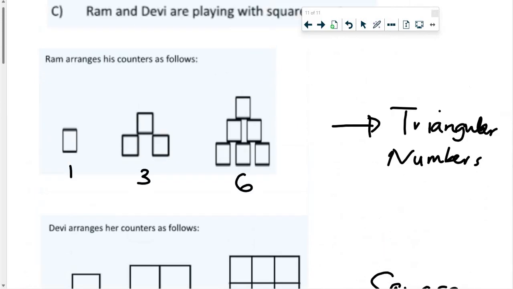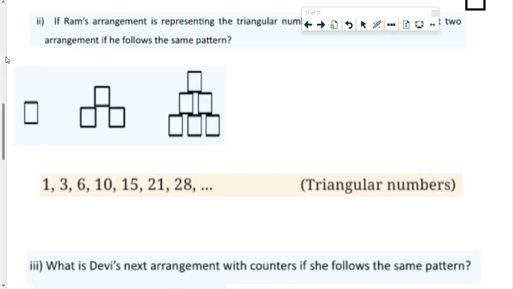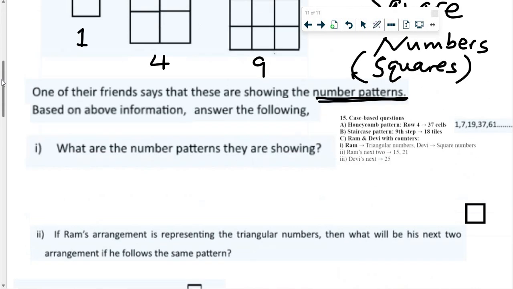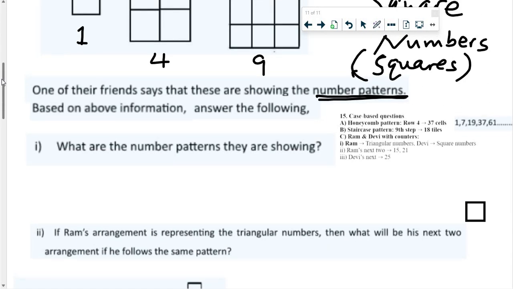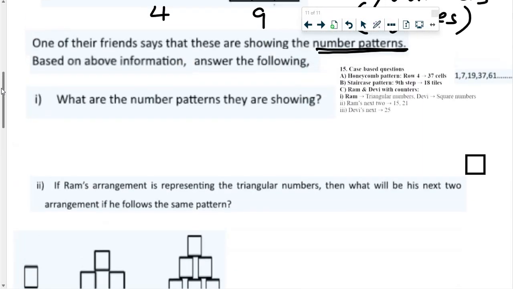So as you said, Ram is showing a pattern of triangular numbers.